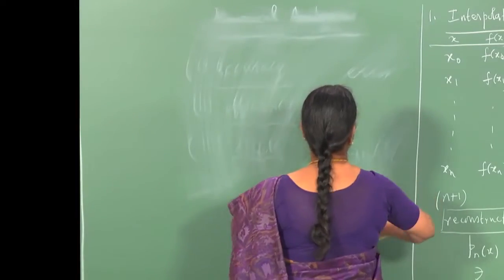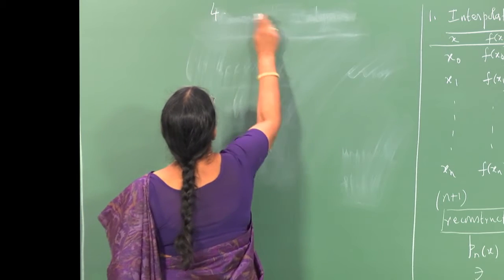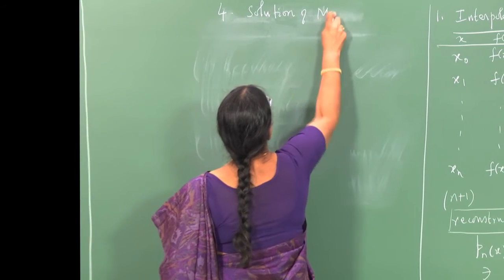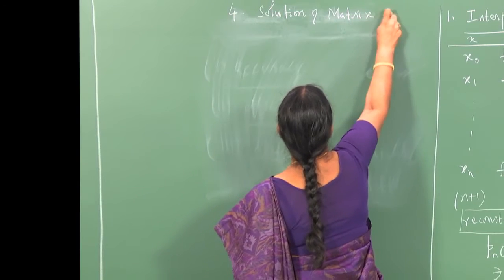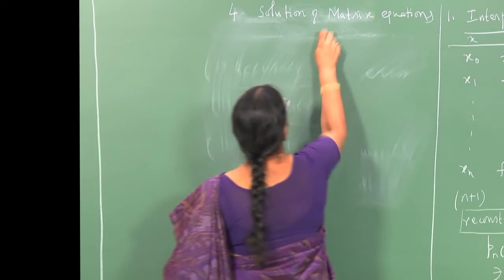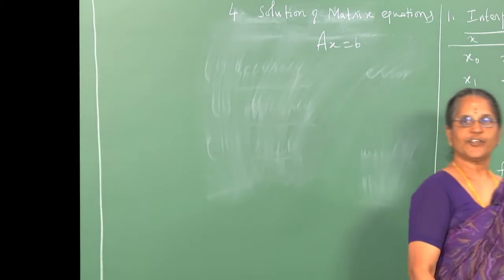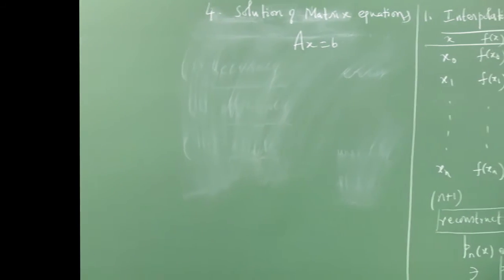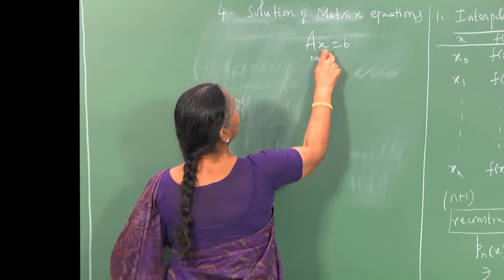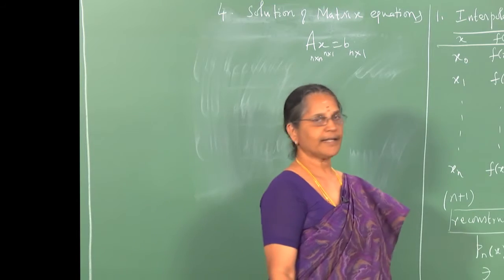We will also focus our attention on the solution of matrix equations of the form Ax is equal to b. So, just recall, how do you solve this equation Ax is equal to b, say where A is an n cross n matrix and x is an n cross 1 vector and b is an n cross 1 vector.